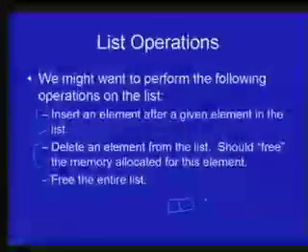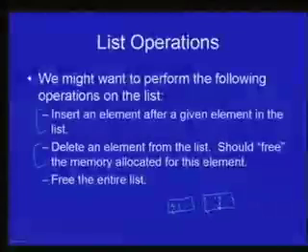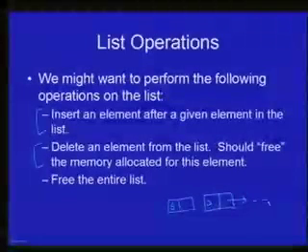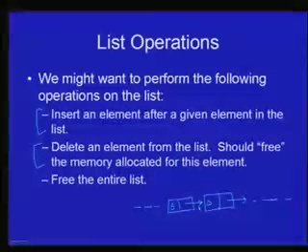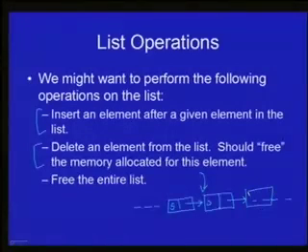Now when we want to insert or delete an element in the list, you can see that the value of the next field in the previous element is going to change. So for example, if we have this list, let's say 5, 3, and we want to delete this element from the list, then what's going to happen is that this value must be changed to this value so that this structure is no longer part of the list.